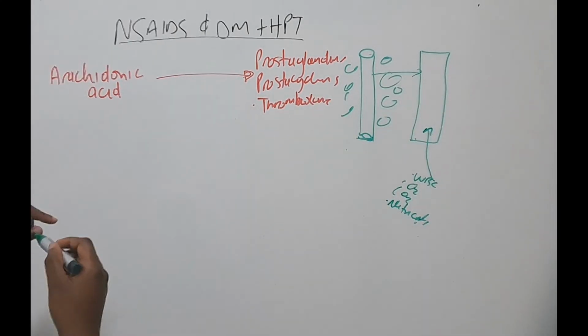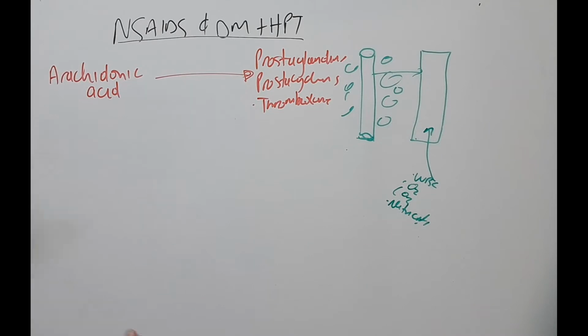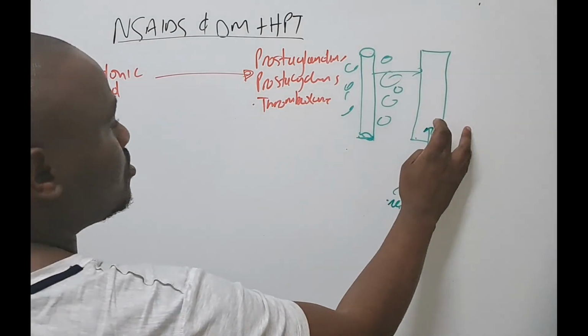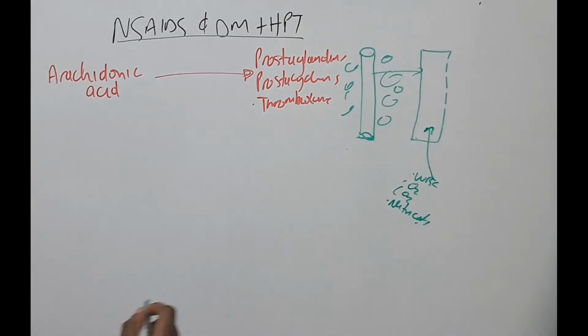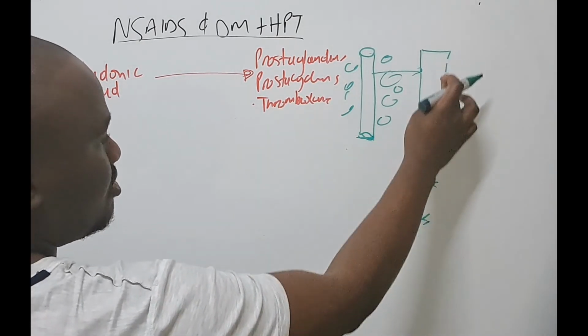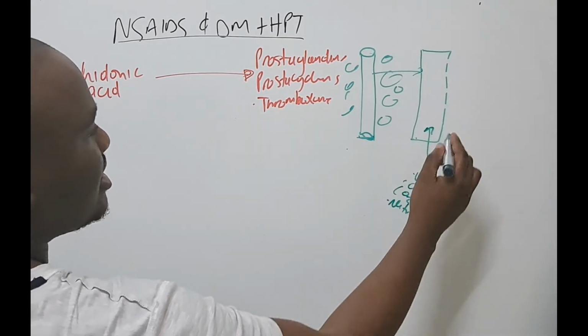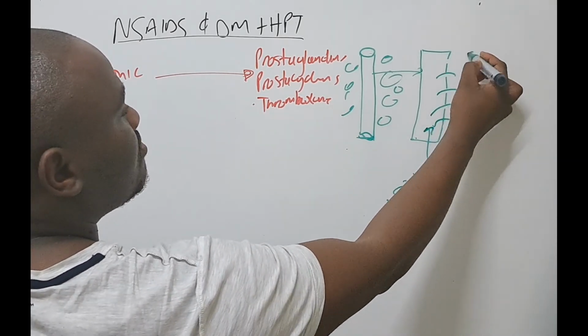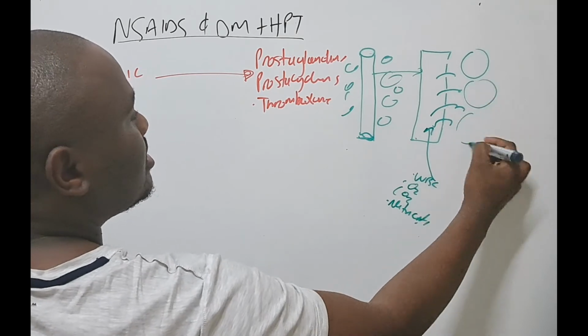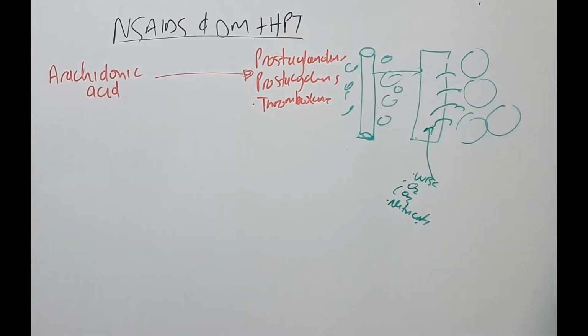Now, one of the things inflammatory mediators do is make the endothelial cells leaky, so that these guys can make their way into the surrounding damaged cells.